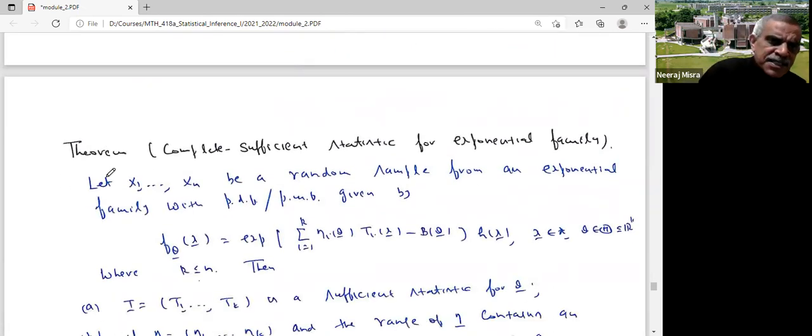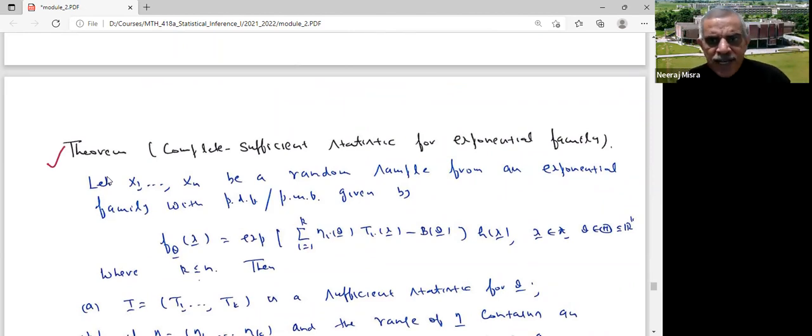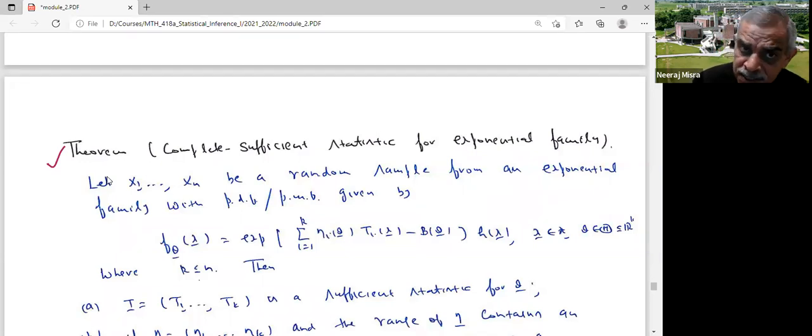Now I give a result, which is a method to tell you how to find a complete statistic or a complete sufficient statistic in a general exponential family.